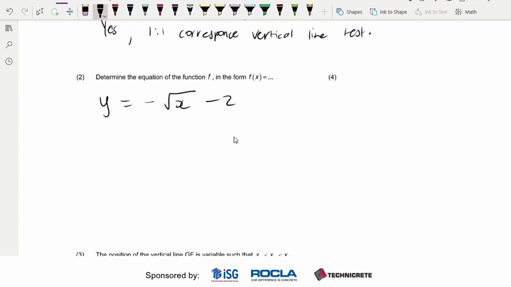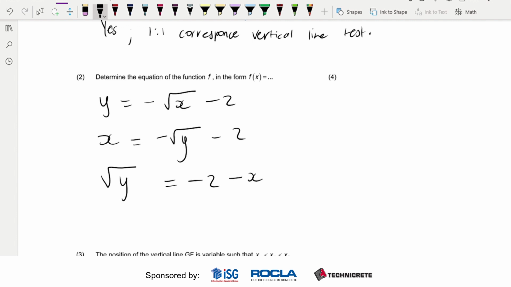We're going to swap x and y around. x is equal to negative square root y minus 2. Now we're going to get y on the one side. Square root y is equal to negative 2 minus x. We're going to square both sides to get rid of the square root.